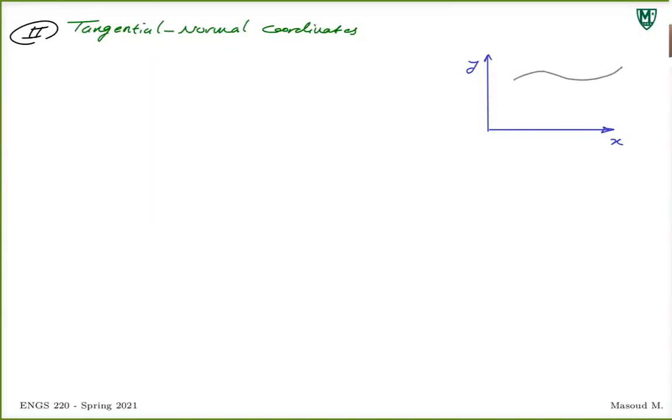If at this specific point I'm looking at a particle, this would be tangent, and normal we said is always the concave direction. So this would be EN. The story is the same. The only thing that changes is the coordinate system.